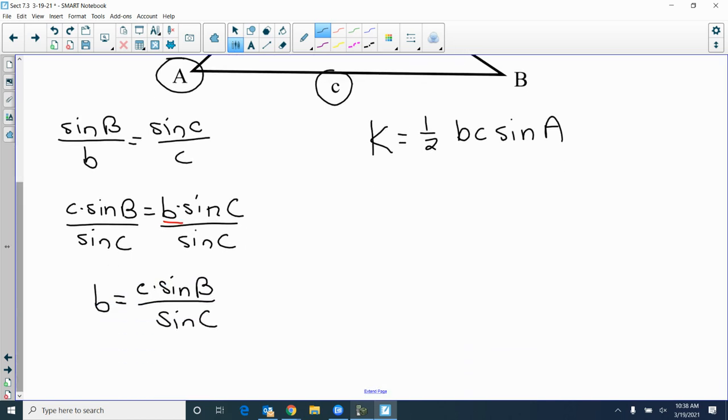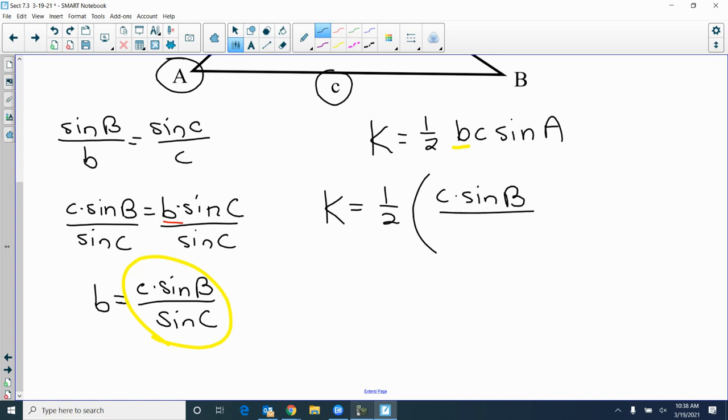I got to put in that whole thing for B. Okay, so I'm going to take B out, and I got to put that in. So let's see, what do I get? I get K equals 1/2 C times the sine of B over sine of C times sine of A. All right, there's your equation.